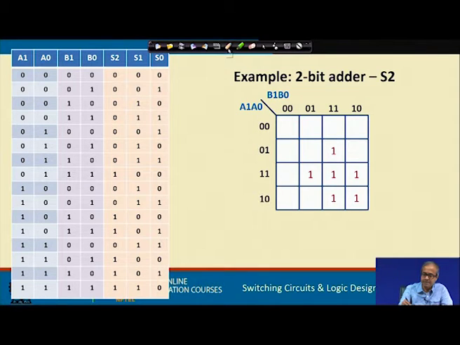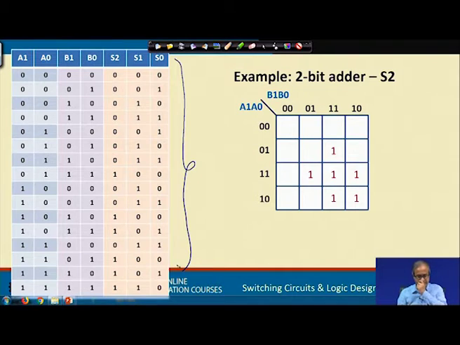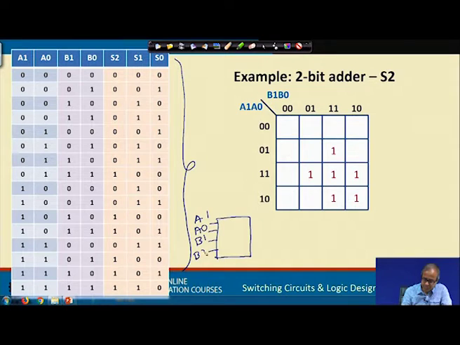Well, here first let us look at the truth table. This is the truth table of the adder. Just recall, in the adder I had said that there will be 4 inputs, the first number A1, A0, then B1 and B0, and there will be 3 outputs S2, S1 and S0.